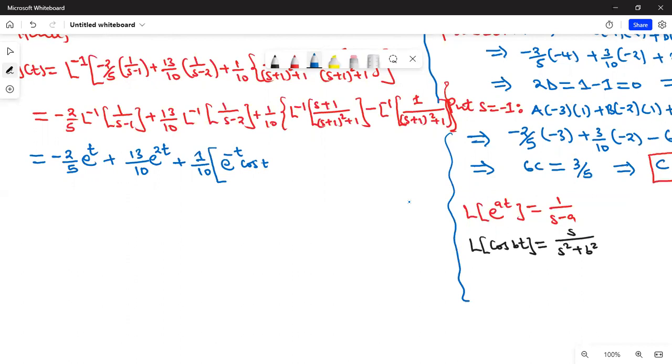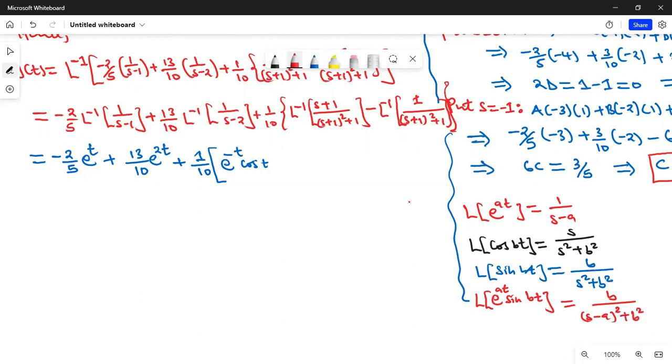What about, you also know that Laplace transform of sine bt is the same as b over s squared plus b squared. So when it is multiplied by an exponential function, we'll now have Laplace transform of exponential at times sine bt. What should it give us? It should give us b over (s minus a) squared plus b squared. So relate it with this one, so that in this case our a is negative 1 and our b is 1.